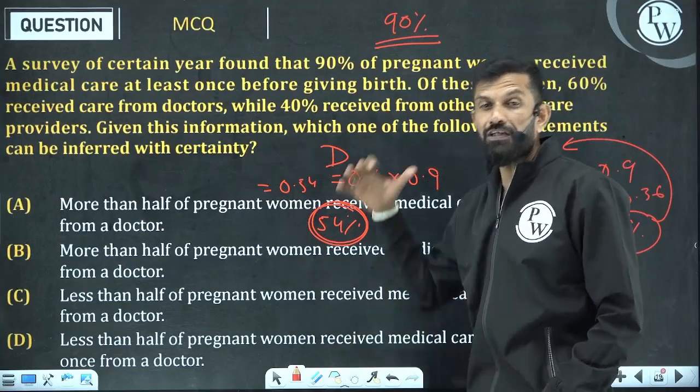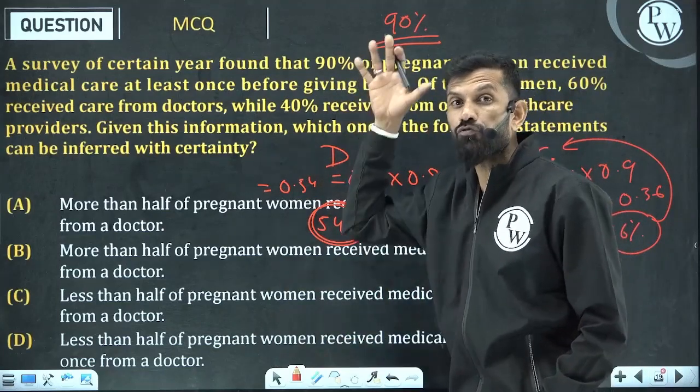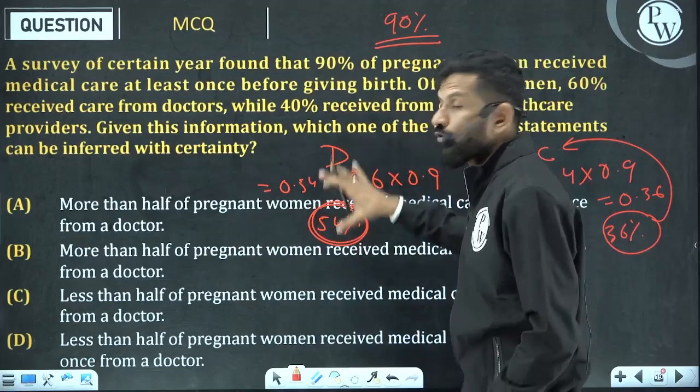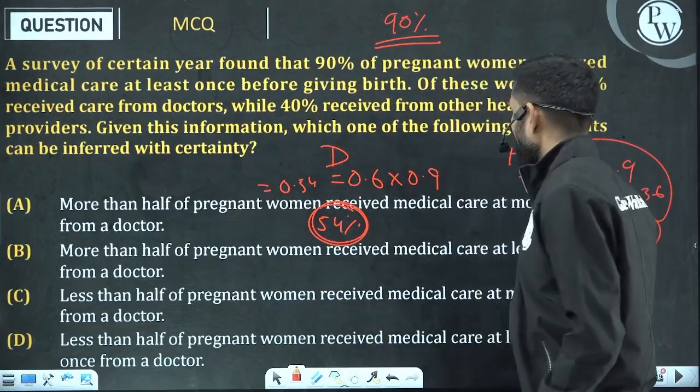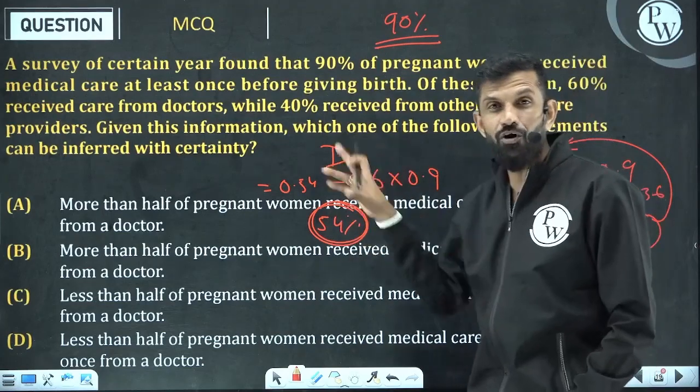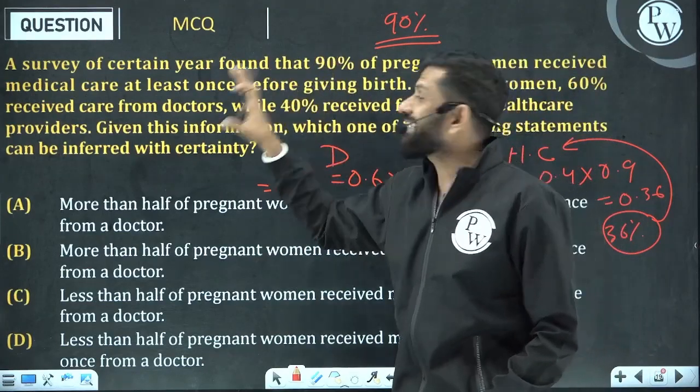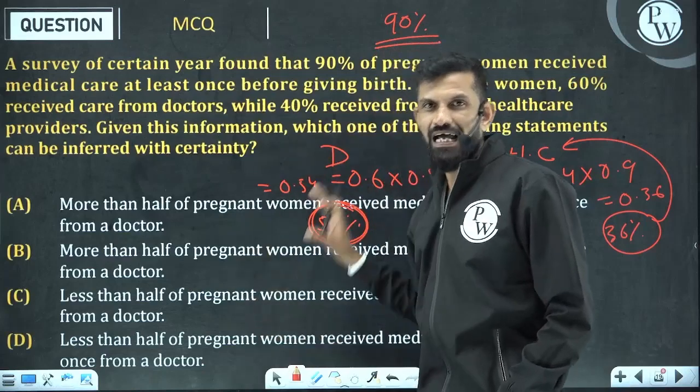Out of the total women who are giving birth, 54% go for doctors and 36% go for healthcare providers. Now, here you can see the 10% is not there because 10% do not take any medical care. They have given that clearly.